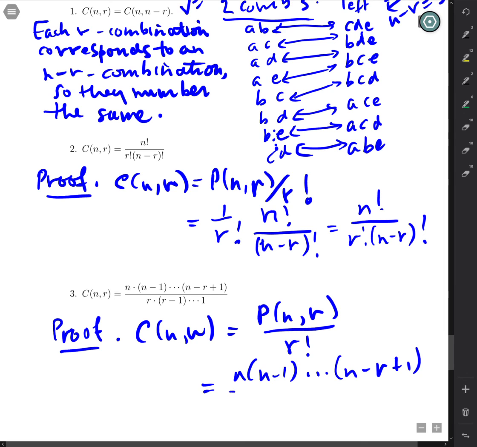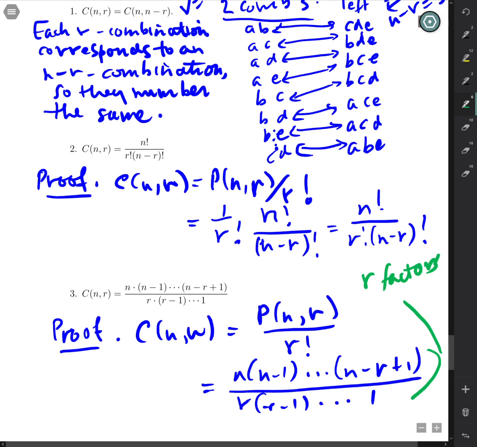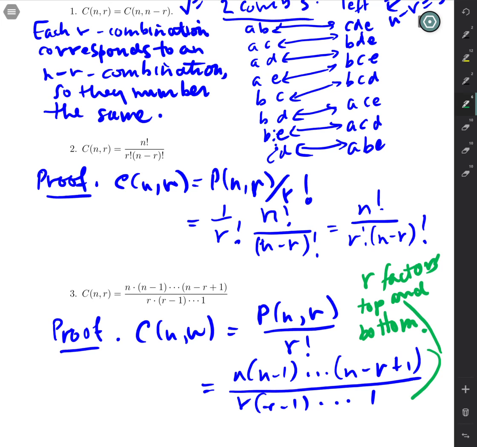That was the first formula we developed for P(n, r), and then r factorial is r times r minus 1 all the way down to 1. By the way, it's interesting to note and helpful to see that there are factors top and bottom here. I want to use these, but I'll cut this clip short right here, and then we'll use these for some examples in the next one.